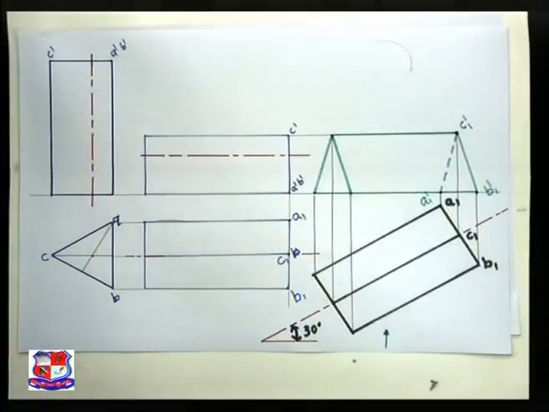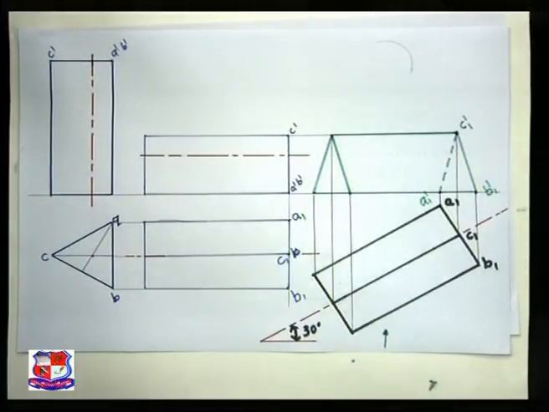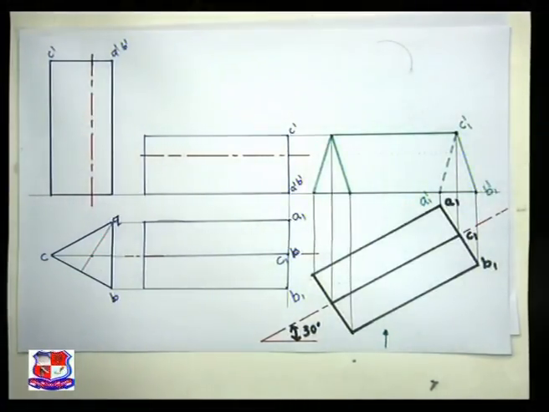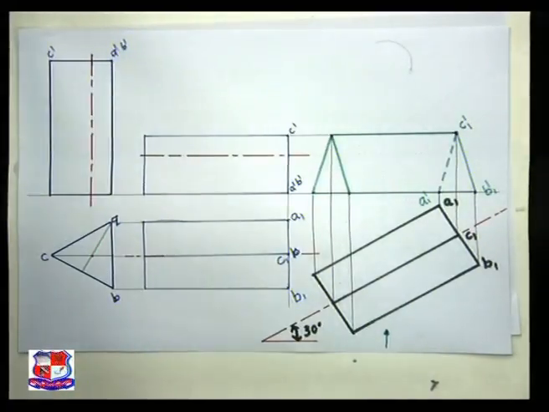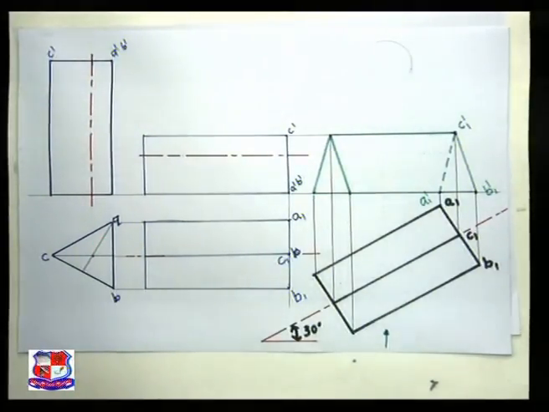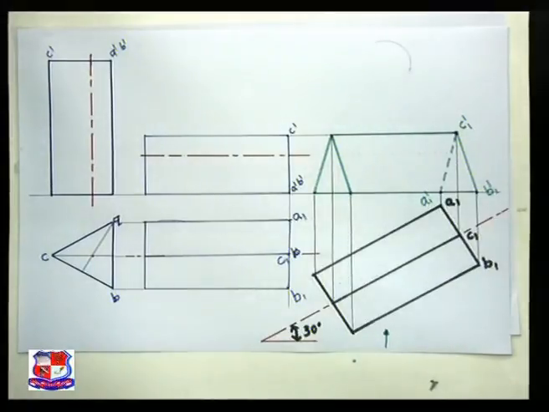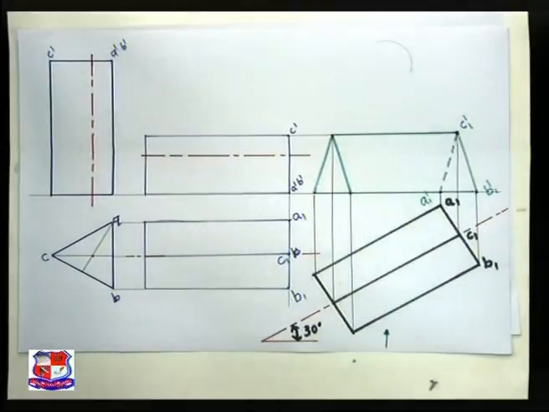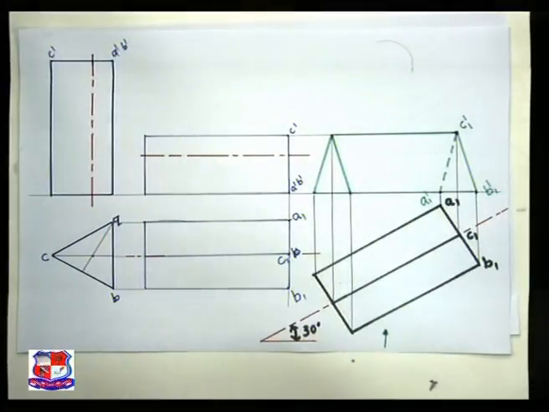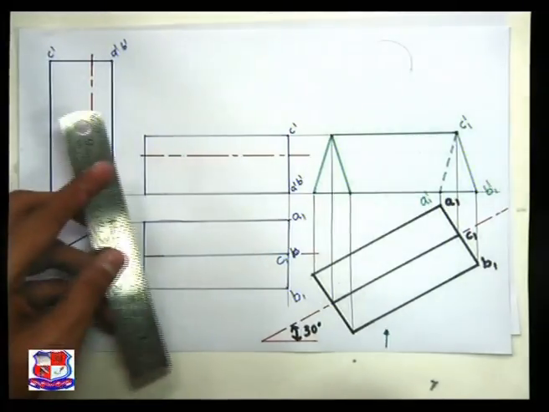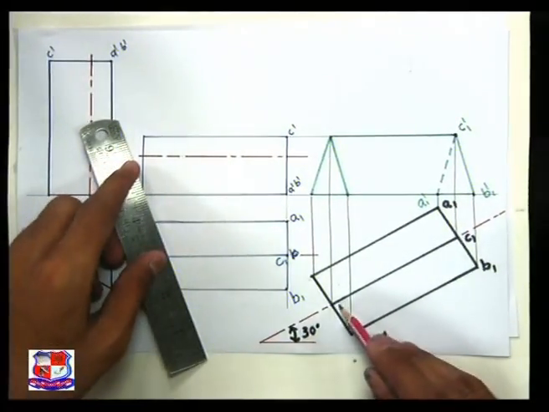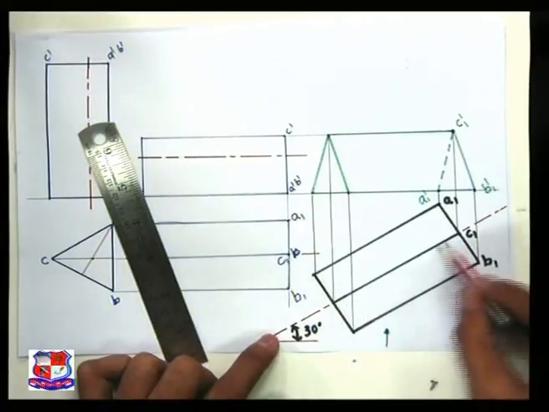Now we have to draw its cutting plane. Here in the data it is given that the cutting plane makes an angle of 30 degrees with the XY line, with the horizontal plane, and for the front view it's with the XY line and passing through a point at a distance of 10 mm from the axis. So here on the axis this represents the true length.